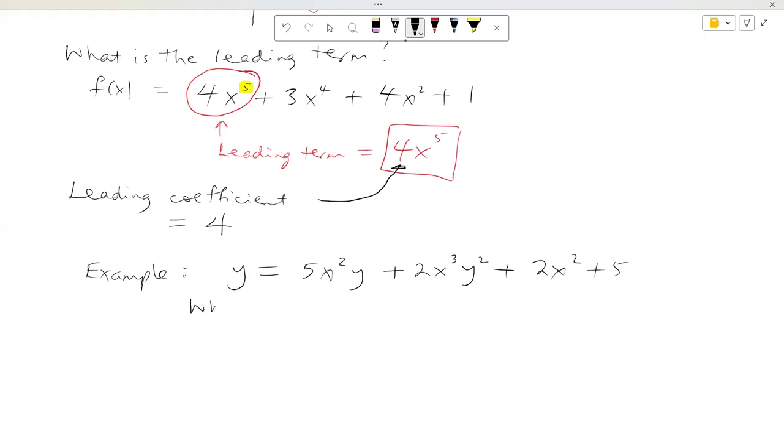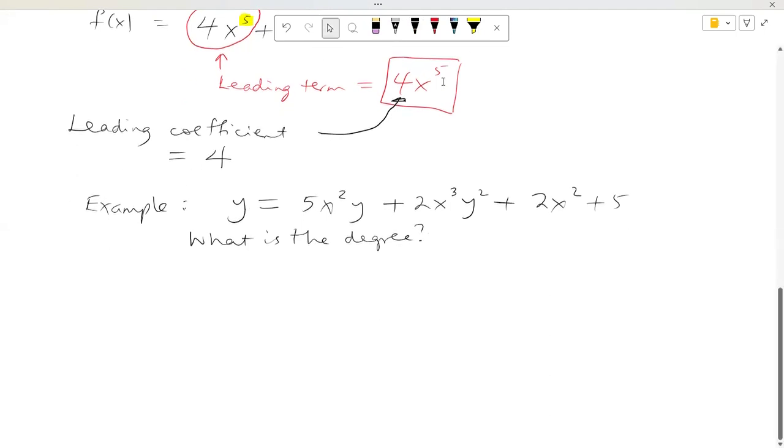So what is the degree? Now, this is what you do. First of all, you determine the degree of each term. So you're going to take each term and determine the degree. So let's begin with this one here. This is a term. If I take this, how do I find the degree? In this case, you add the exponents.